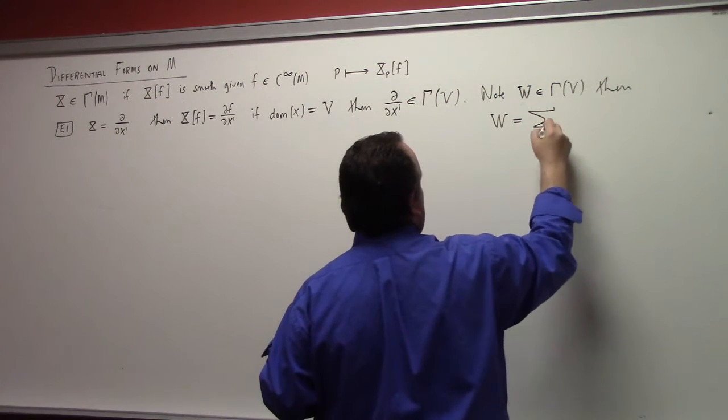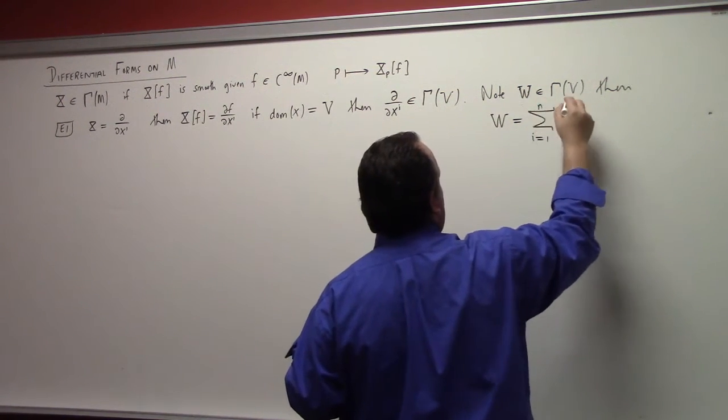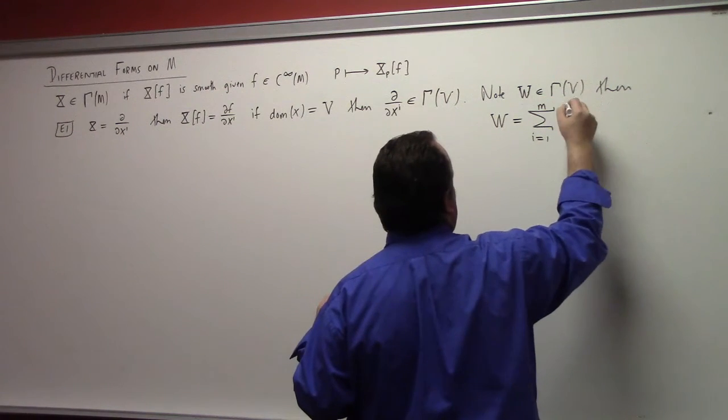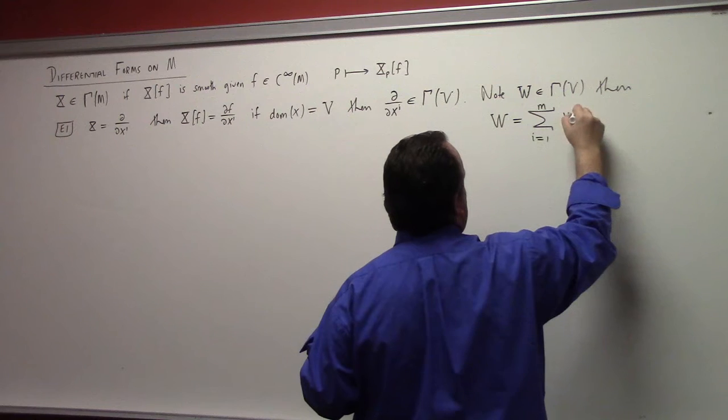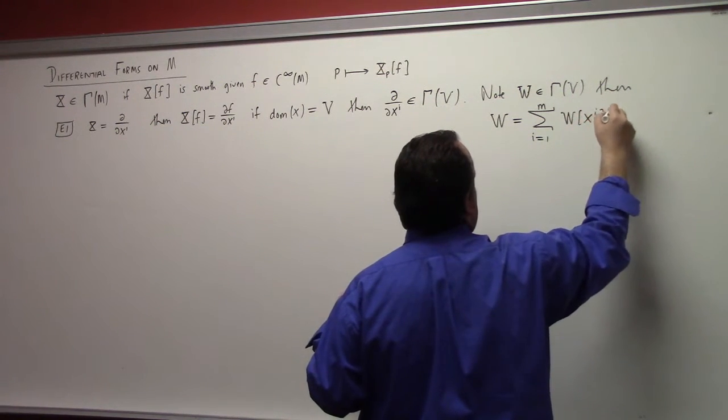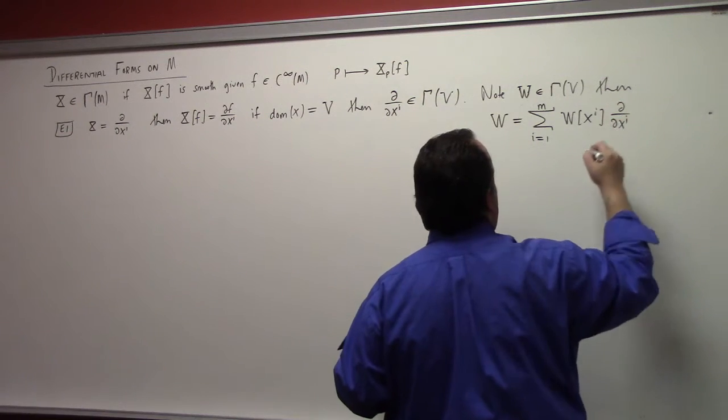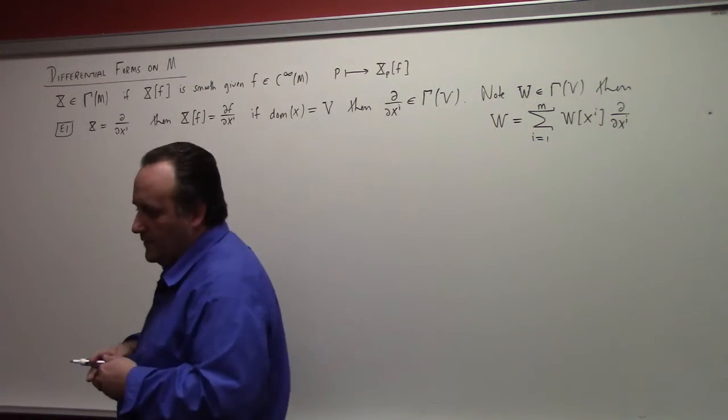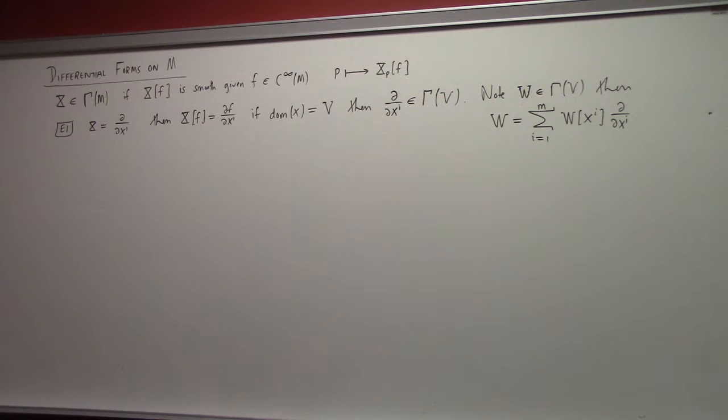The sum i equals 1 to n, well, m for the manifold dimension, of W acting on the ith coordinate, partial xi. And so now the vector field's components wouldn't be numbers. Now they would be honest to goodness component functions, which is really what we talk about in, say, Calculus 3, vector fields. So that's a vector field.